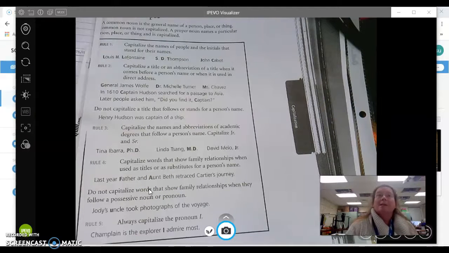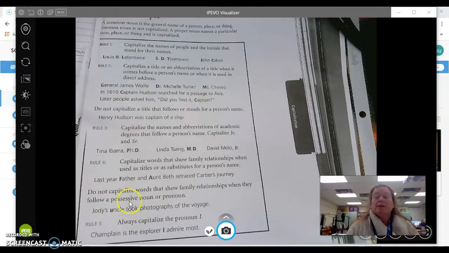And in that sentence, you would capitalize it anyway because it's at the beginning of the sentence. But you only capitalize words such as father or uncle if that is how you address them. If you're just telling me that that's your father or that's your uncle, then it would still be a common noun. So you have to read the sentence and see how it is being placed in the sentence to know whether or not you're going to need to capitalize it. Okay?